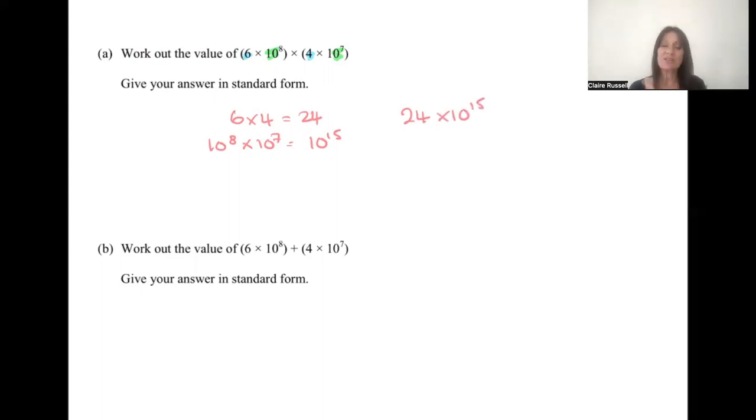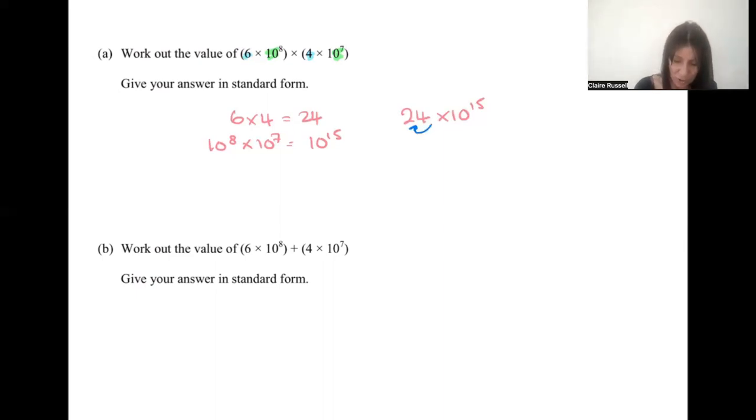And if that is your answer, you've missed a little detail that's really, really important. It does look like standard form. Everything about it feels right, but standard form only has 1 digit, not 2. So I need to get a decimal point in there. So I have 1 digit with value, and then any other digits will go behind that decimal point.